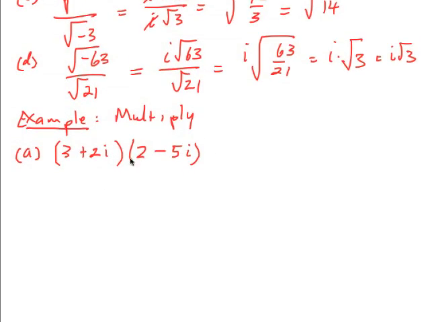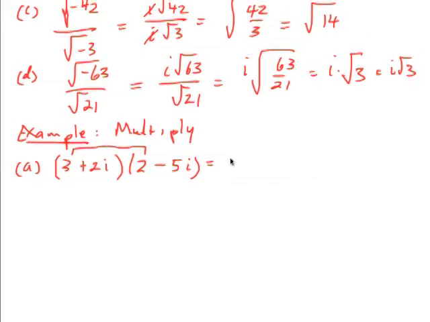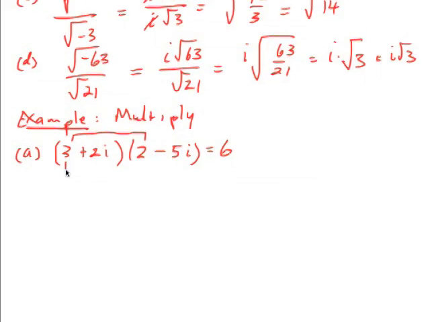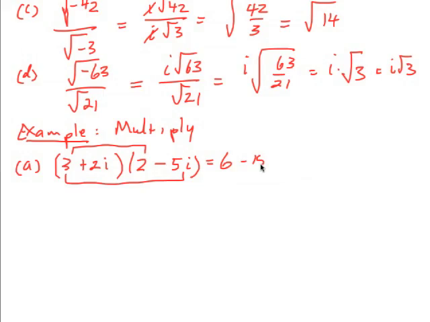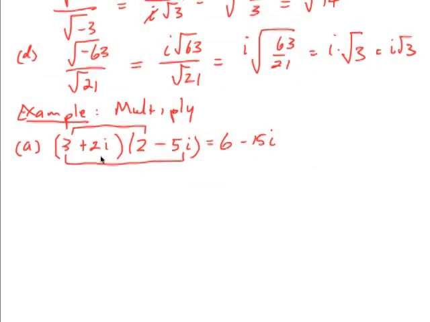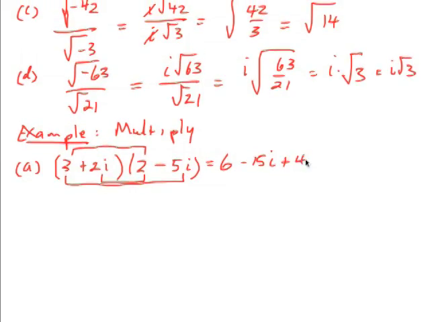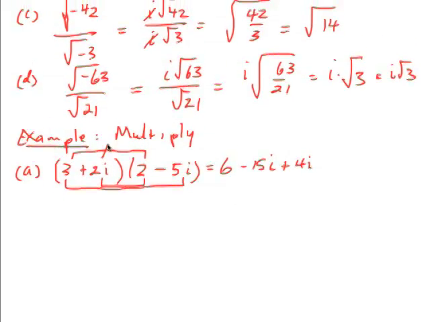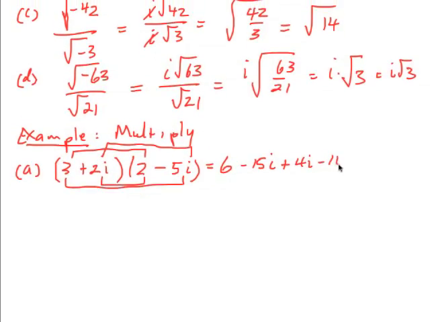We apply the FOIL here because we have two terms. We do the first ones, so we end up with 3 times 2 is 6. We do the outside ones, which is 3 by negative 5, is negative 15i. We do the inside ones, so we get 2i times 2, which is 4i. And finally we do the last ones, which is 2 by negative 5, is negative 10.